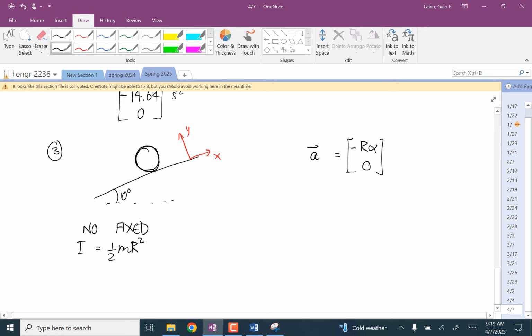I said the mass and the radius are not going to affect the answer to this problem. One thing that means, practically speaking, is you could just choose some values for m and r, and you'll get the same answer as any other m and r you choose. So that's always an option available to you, but I'm going to put it in as these, and we'll see where it cancels out in the equations.